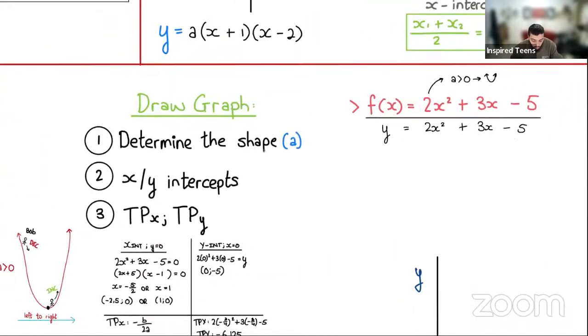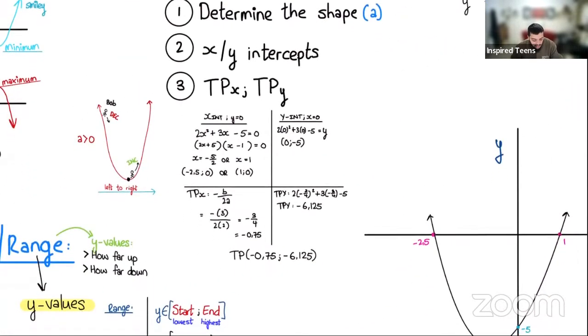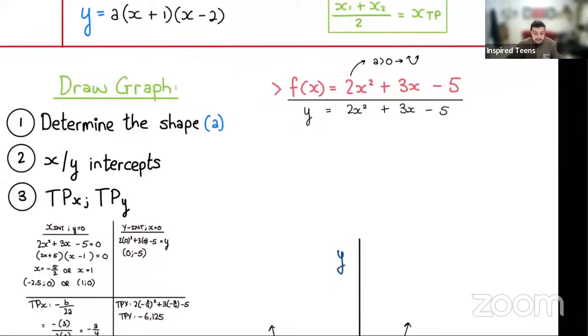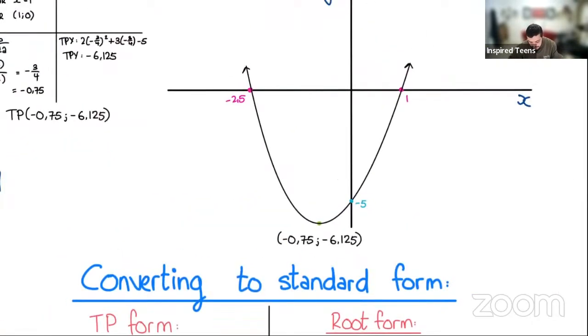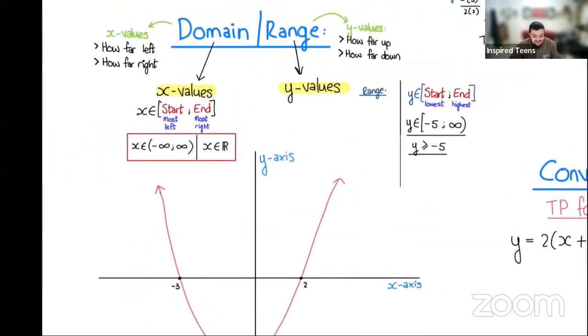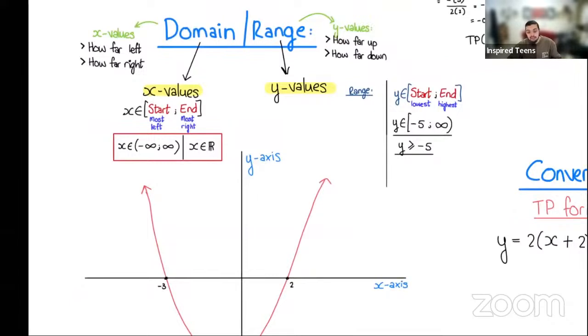We discussed drawing a graph, determining the shape, x or y intercepts, TPX, TPY, and we discussed it in terms of an equation, drawing the graph of a specific parabola equation. What we ended on was discussing domain and range. Very important. Domain and range ties into our understanding of intervals, answering interval questions on a graph, which tends to be confusing at times.